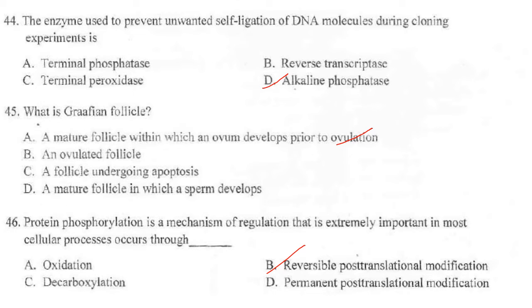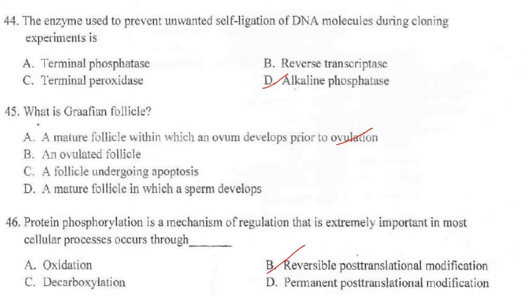The next one, the enzyme used to prevent unwanted self-ligation of DNA molecules during cloning experiment is alkaline phosphatase. So it is used for the removal of single phosphate groups from the 5' end of linear vectors to prevent recircularization during cloning. Then what is Graafian follicle?